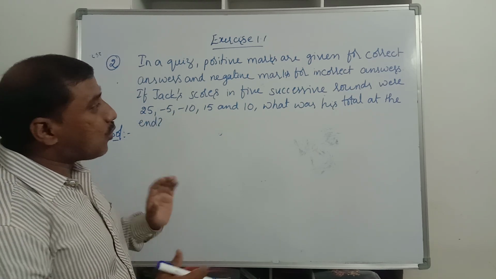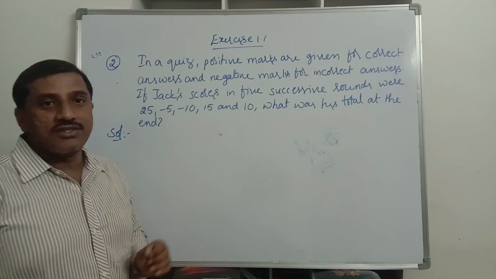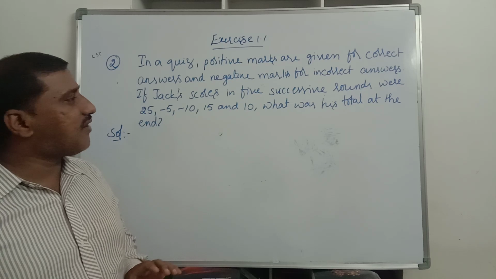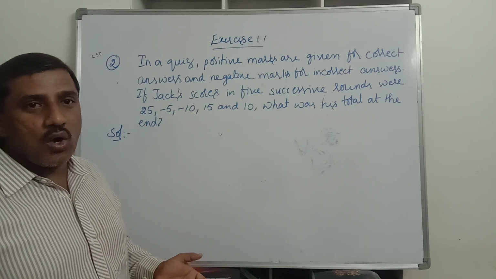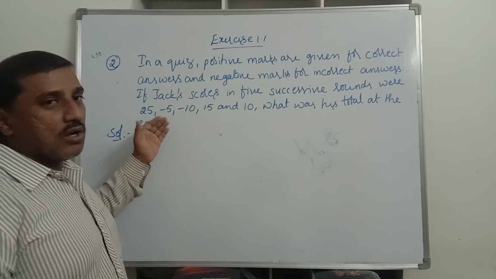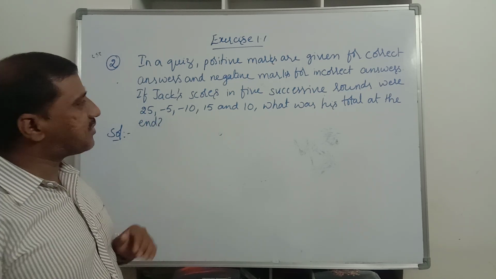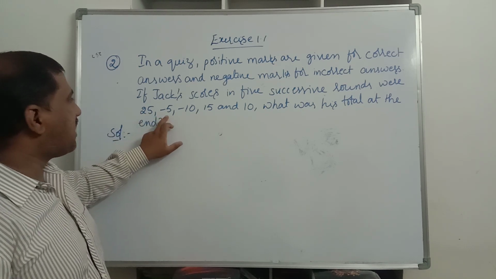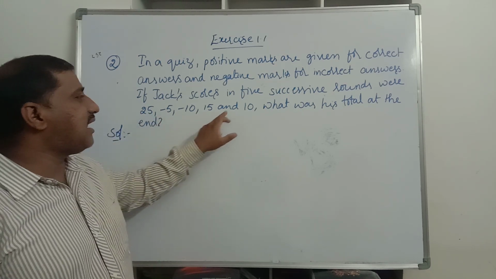What was his total at the end? How many marks did he score at the end of the quiz? We need to find the total marks, which means the sum of all the marks he scored. He played 5 rounds, and in those rounds he scored 25, minus 5, minus 10, 15 and 10.